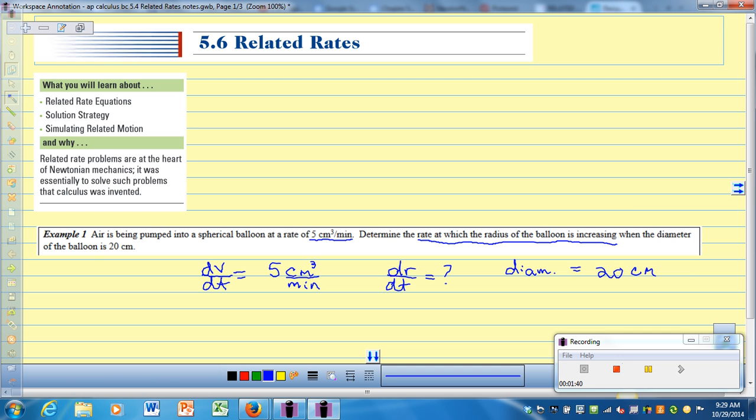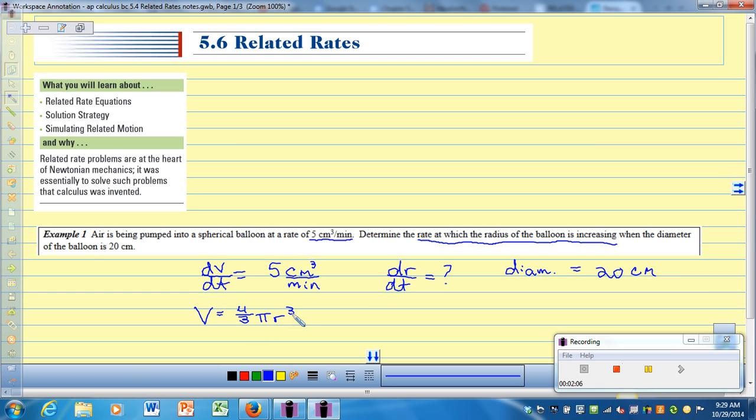So I've written down everything I know, and I've written down what I'm looking for. And when I say I've written down everything I know, I've written down everything they have told me. I am dealing with a sphere, and I am dealing with volume. So what is the volume of a sphere? On the board. 4/3 pi r cubed.